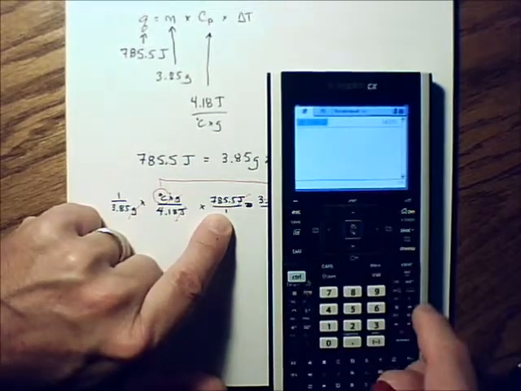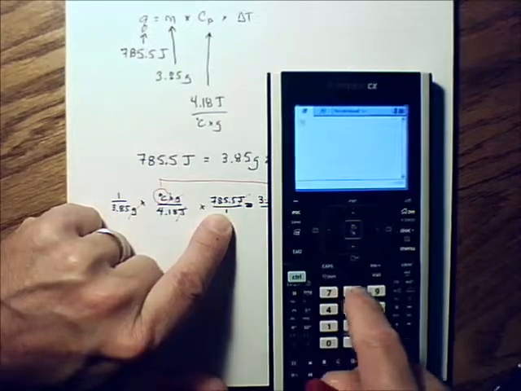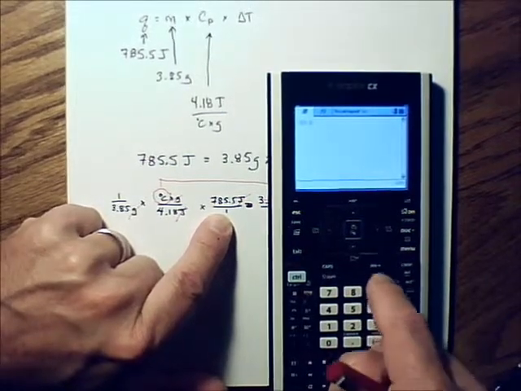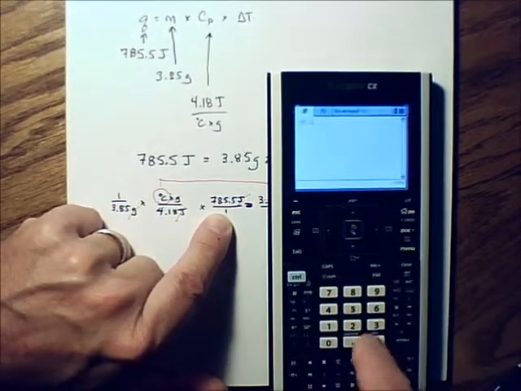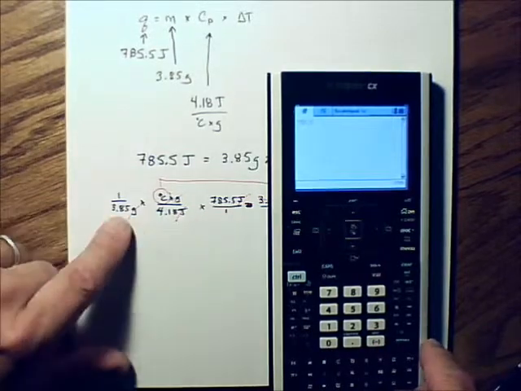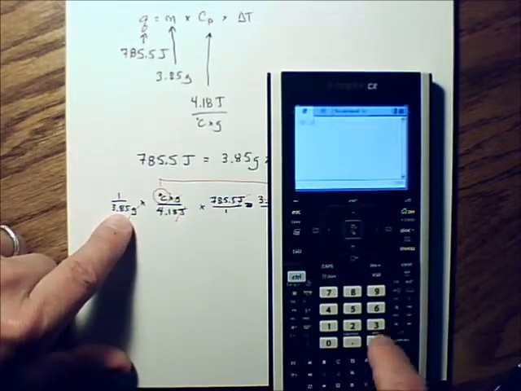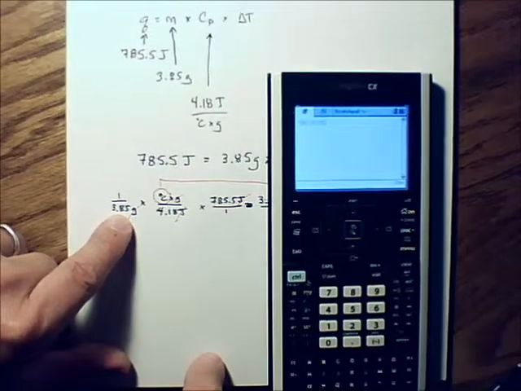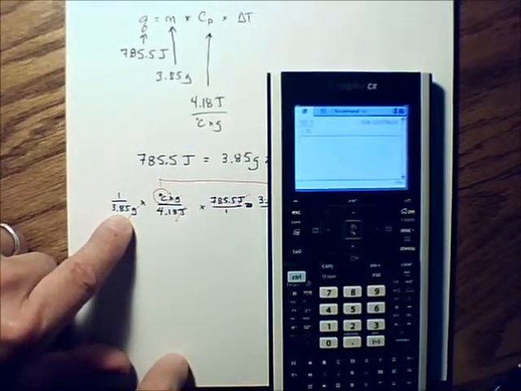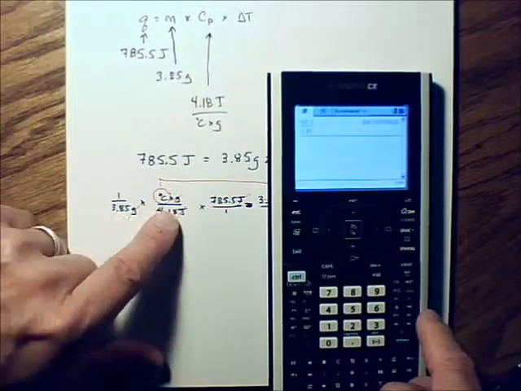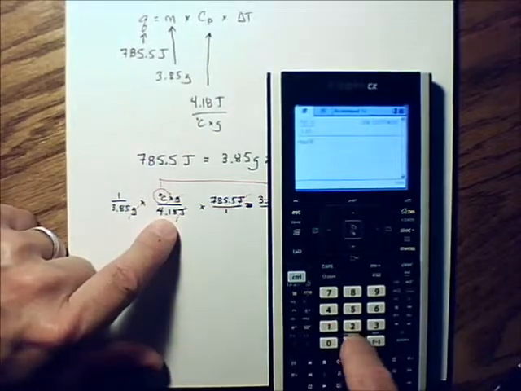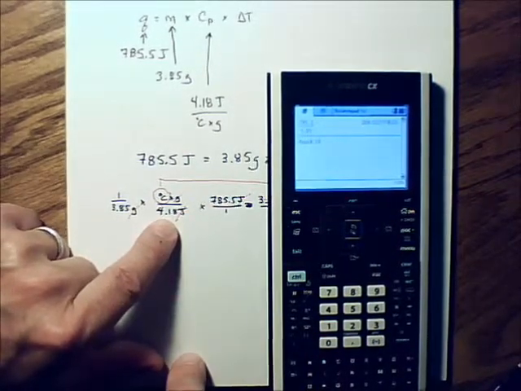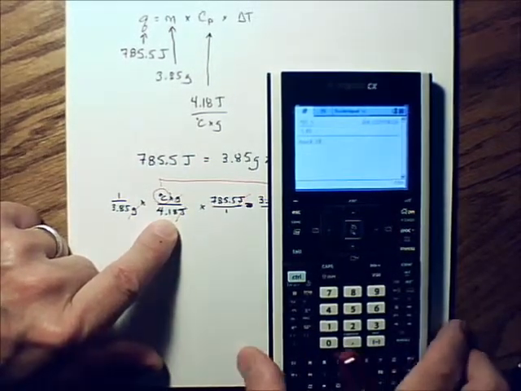Well, I need to delete the rest of that stuff here. Whoop, I did 0.8. Well, I don't want to do that. 0.5. Then I'm going to divide by this on the bottom, divided by 3.85 on the bottom. Hit enter. Then I'm going to divide by the other thing on the bottom, 4.18. See what I'm doing?